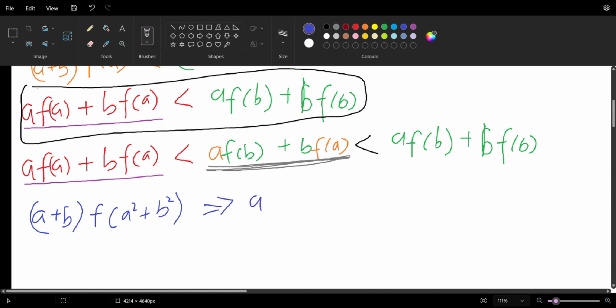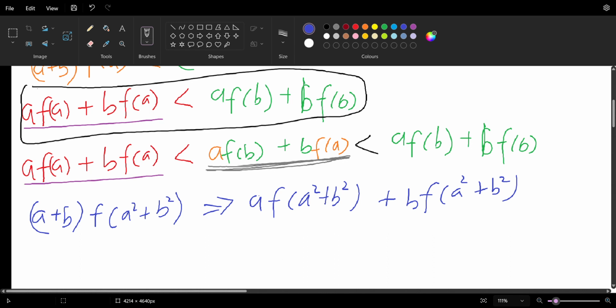If you expand it, it's going to become a f of a squared plus b squared plus b. Okay, let me not expand. I don't think we should expand it because I was just looking at the inequality again and I saw that we can just cancel things out.